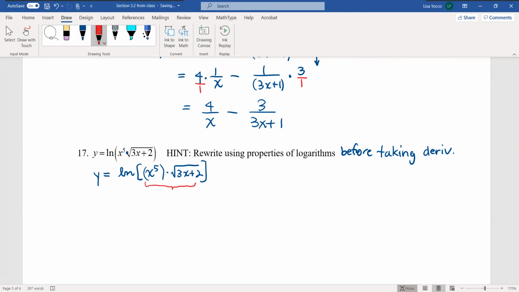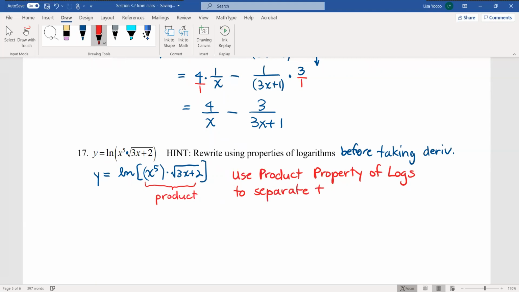So what I have right here is a product. And I'm going to use the product property of logarithms to separate the stuff that's in those parentheses.